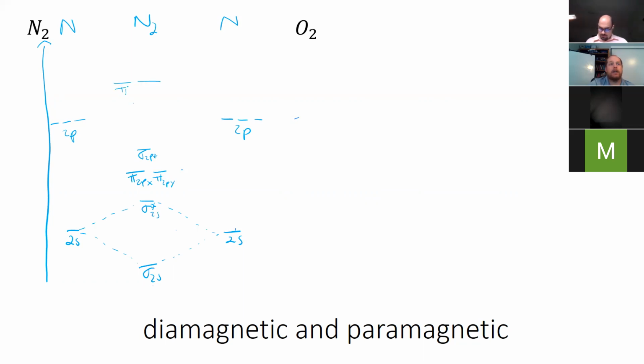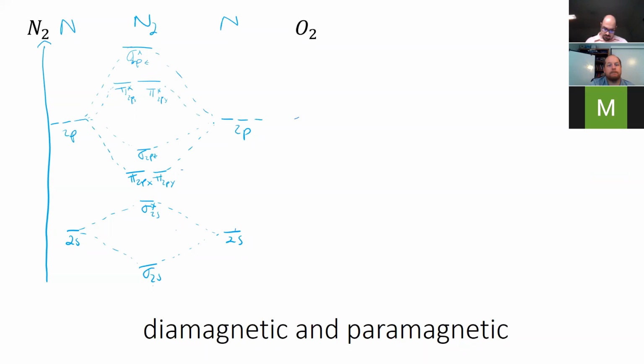And the pi star 2px, pi star 2py, and the sigma star 2pz. And we connect them all in the same way. Okay.